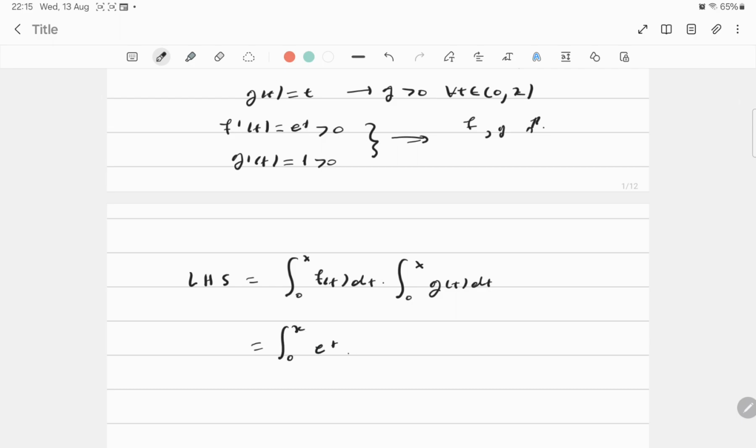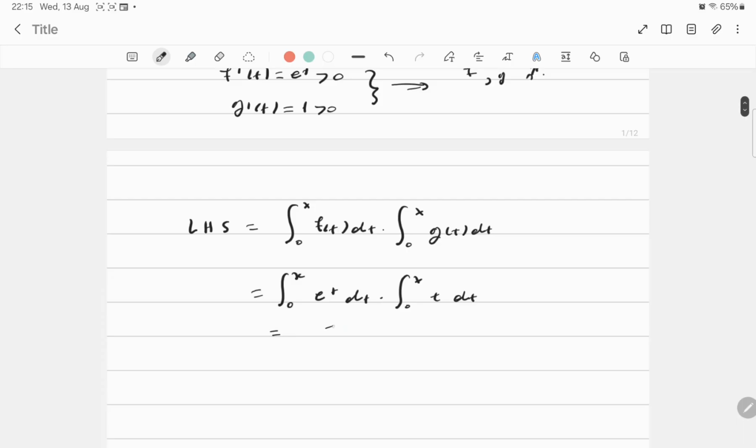f of t is e to the power of t, g of t is just t. So I can compute the integrals explicitly.